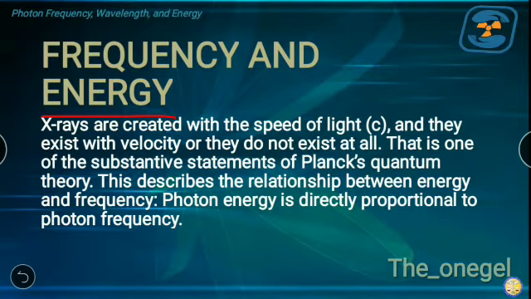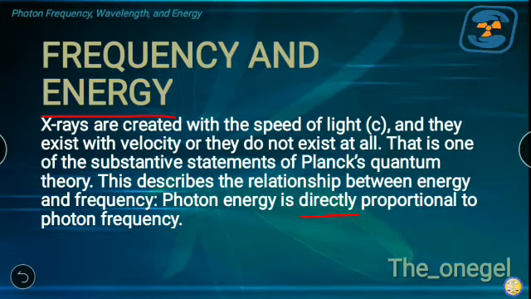So, that is one of the substantive statements of Planck's quantum theory. So this describes the relationship between energy and the frequency. So photon energy is directly related or proportional to photon frequency, which is different from, of course, the wavelength, kasi wavelength and frequency are inversely proportional. So dito, when the photon frequency increases, of course, the energy also increases.